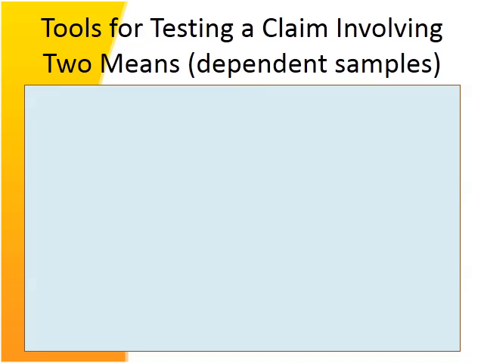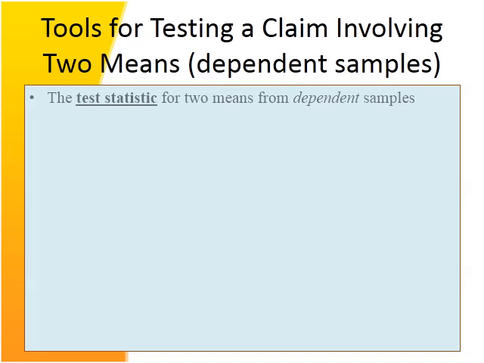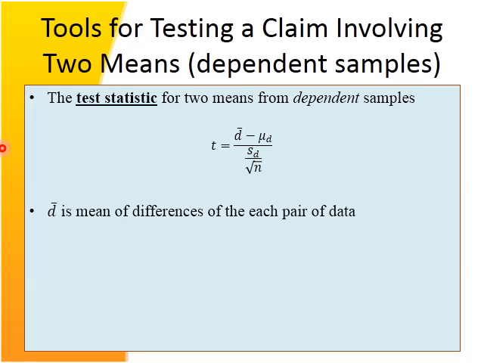Let's take a look at the tools for testing a claim involving two means from dependent samples. The test statistic for two means from dependent samples involves a couple symbols we haven't looked at: D bar, mu D, and SD. So let's take a look at what those are. D bar is the mean of the differences of each pair of data.